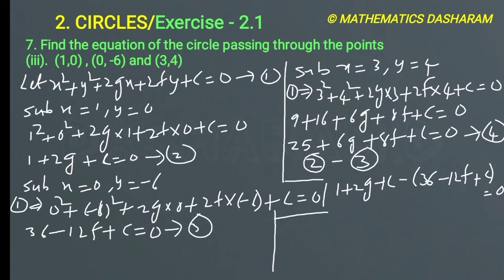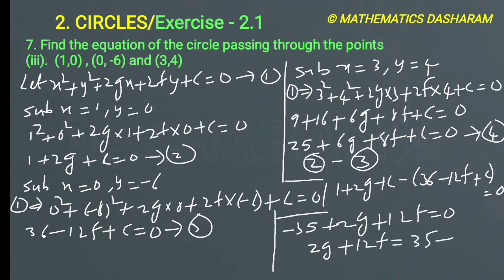Here 1 minus 36 is minus 35, 2g minus, here minus of minus is plus, next to here 2g and plus c minus c cancel, plus 12f equals to 0. So 2g plus 12f, 35 transposed to another side, minus 35, so equation 5.